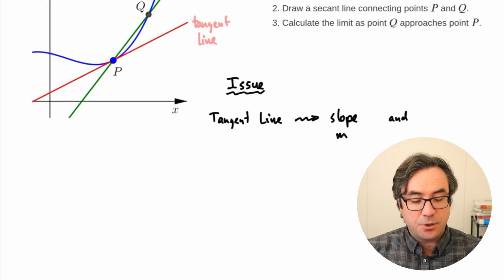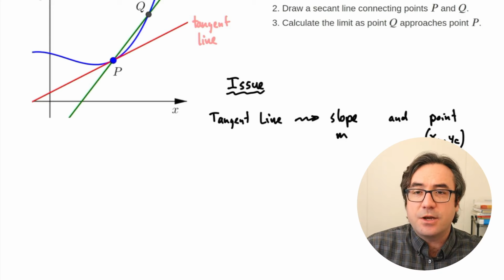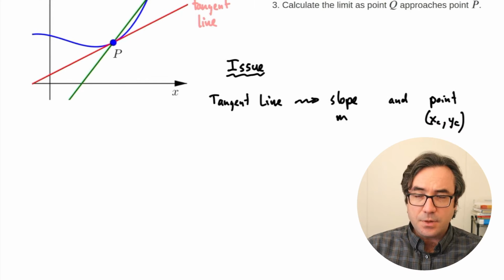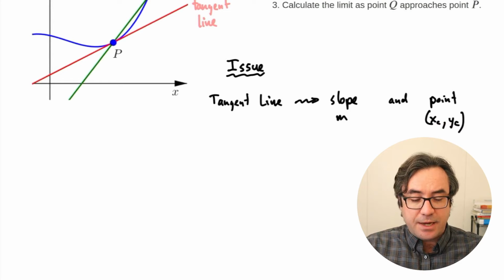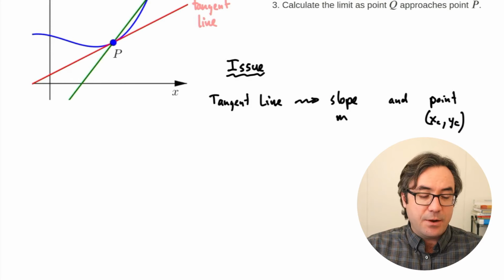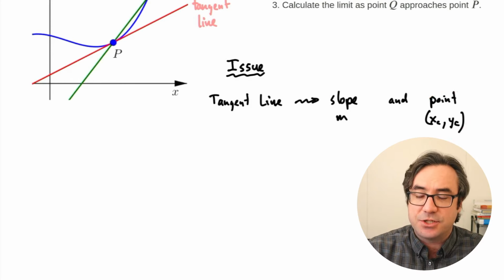So we need to know the slope m, and we need to know a point, call it x coordinate, y coordinate. Those are the two things we need for any equation for a line. In particular, for a tangent line, we need to know the slope of the tangent line, and we need to know the point that's on the tangent line.